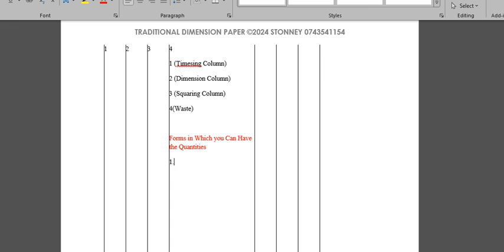At number 1, you can have cubic quantities, that is now in cubic meters. You can have it that way. Then 2, you can have square meters or superficial square meters.